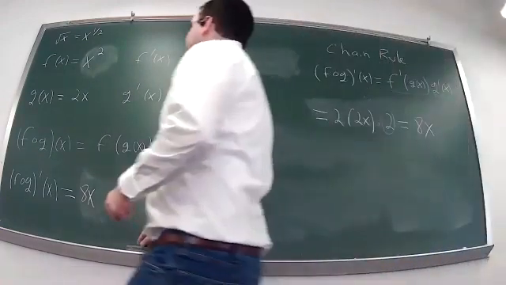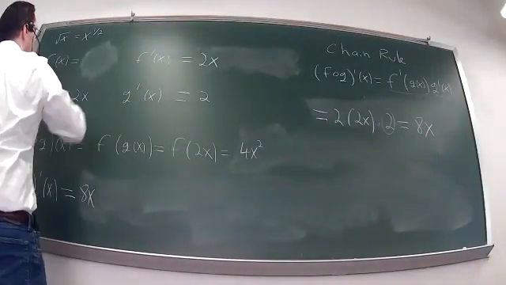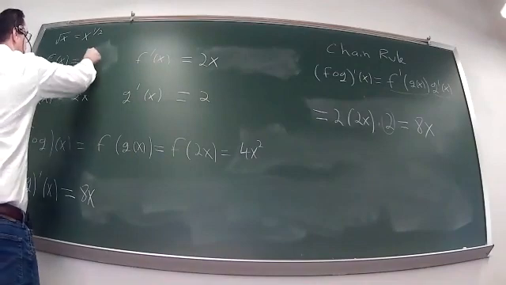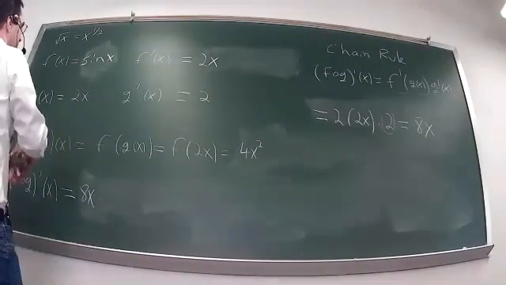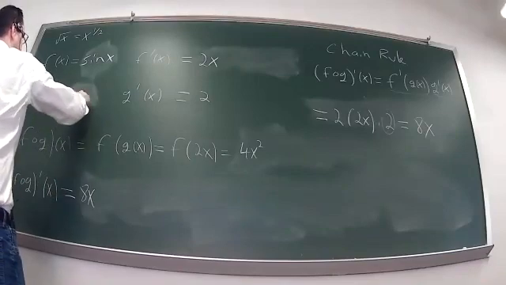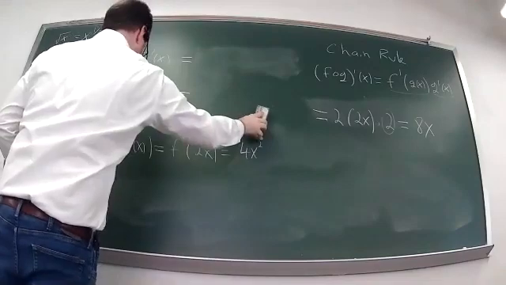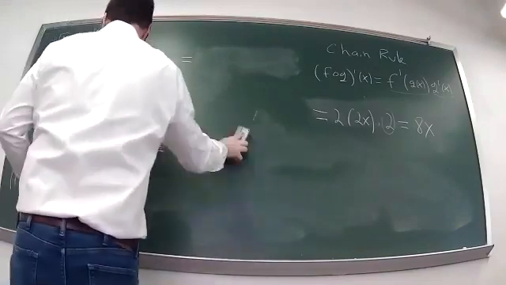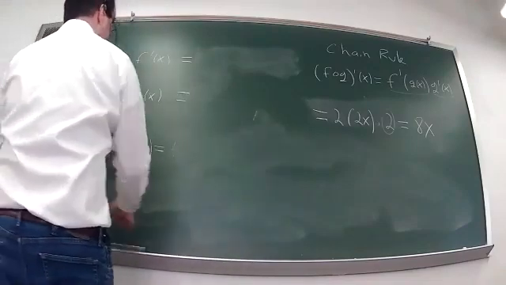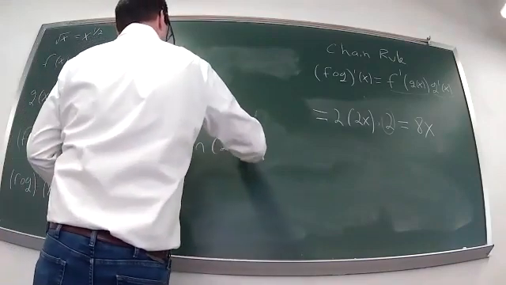Let me give you one to practice. Let's take f of x equals sine of x, g of x equals 2x squared. So f of g of x is therefore sine of 2x squared.